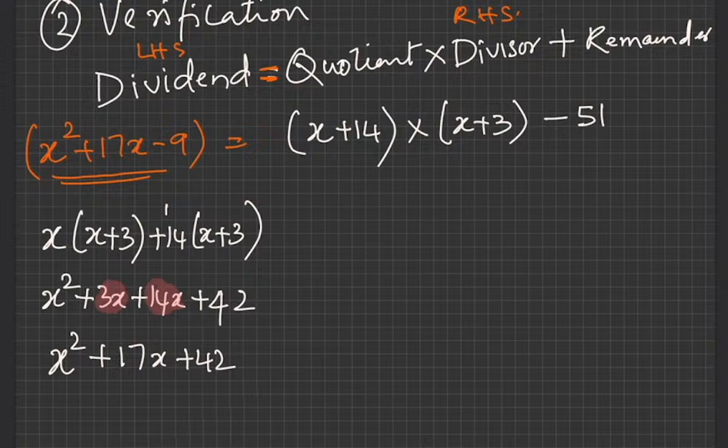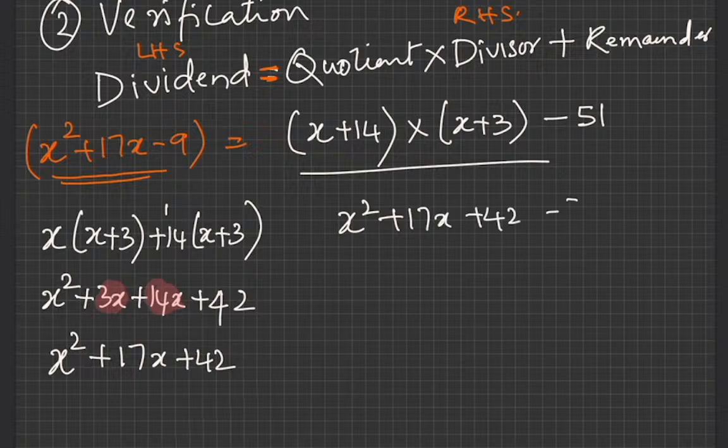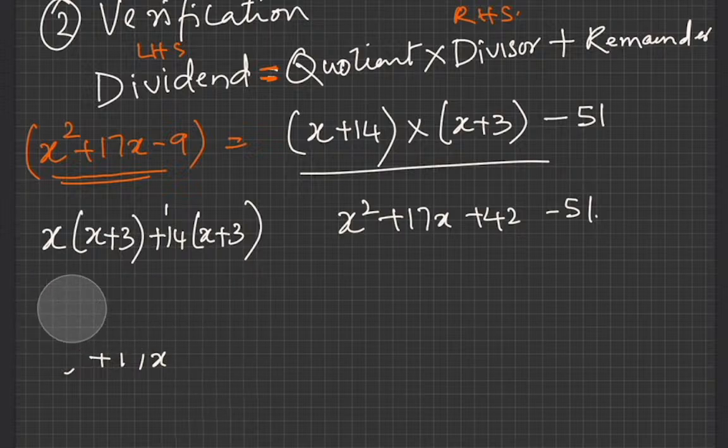So now this is the product, x squared plus 17x plus 42 minus 51, right? 42 minus 51 is negative 9, correct?